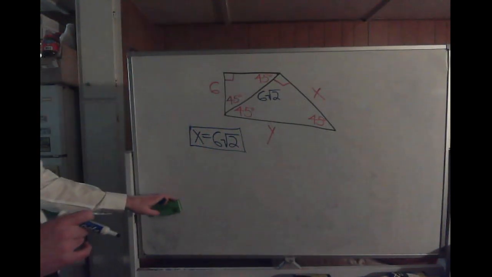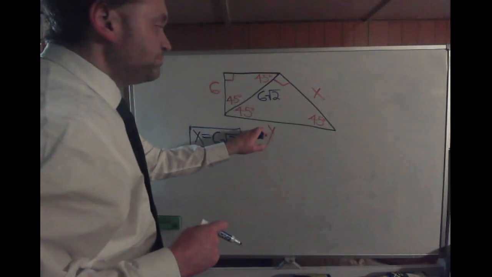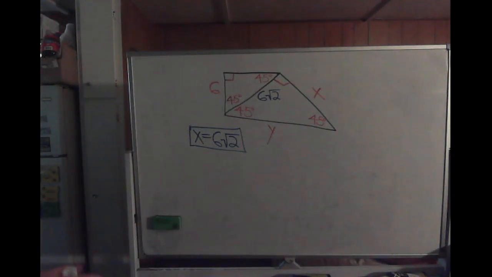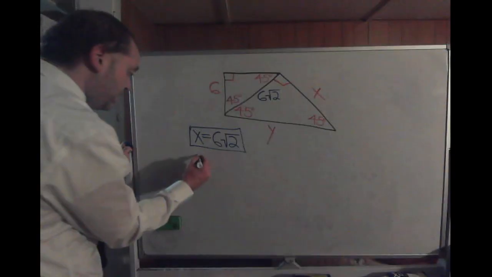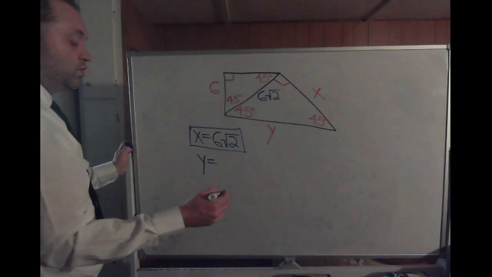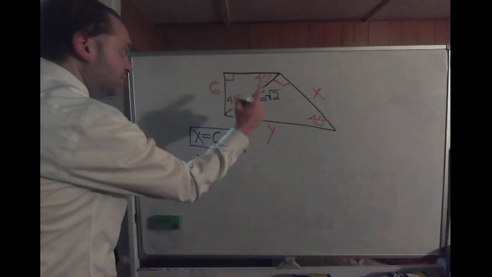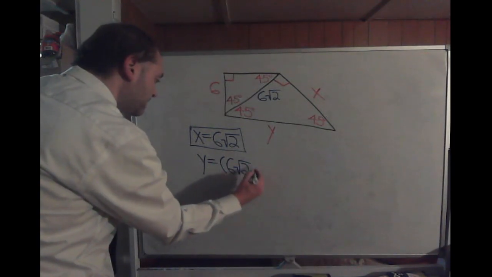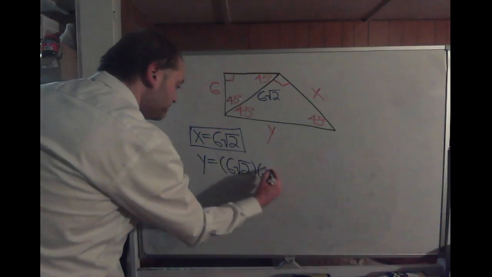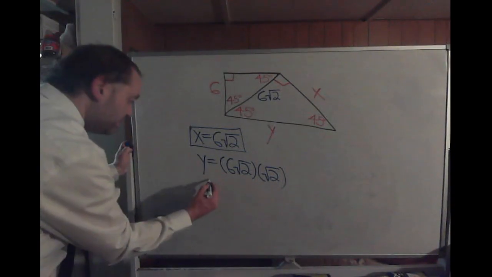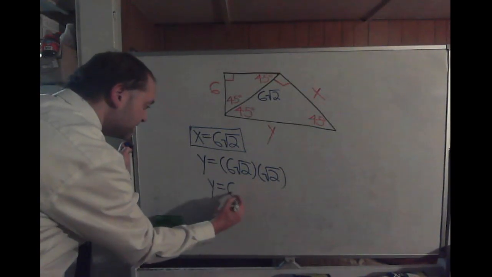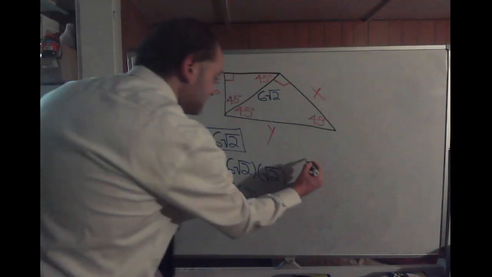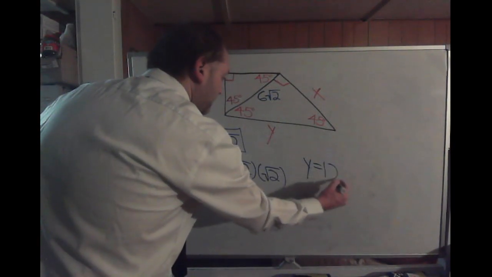Now this is where it gets fun, finding the length of y, which is the hypotenuse. We know that the hypotenuse in a 45, 45, 90 triangle is equal to the length of a leg, which in this case is 6 times the square root of 2, times the square root of 2, which would then end up giving you y is equal to 6 times 2, which means the length of your hypotenuse y would have to be 12.